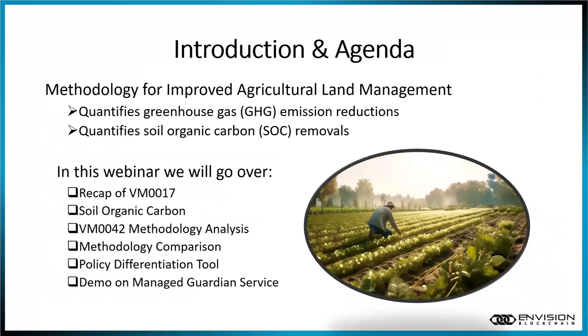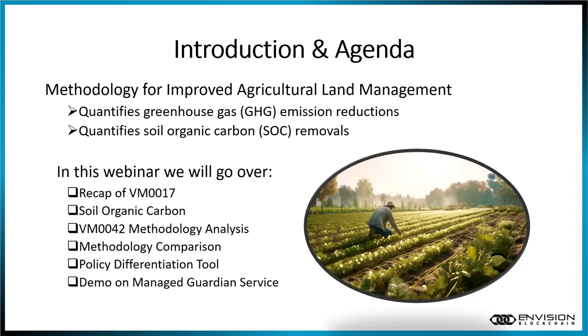Now we're going to have a short introduction of VM42 and go over what we'll be talking about in today's webinar. VM42 is a methodology for improved agricultural land management that quantifies greenhouse gas emission reductions and soil organic carbon removals. During today's webinar, we'll begin with a brief recap of VM17, which we previously broke down in a dedicated YouTube video, and the link is going to be shared in the chat.